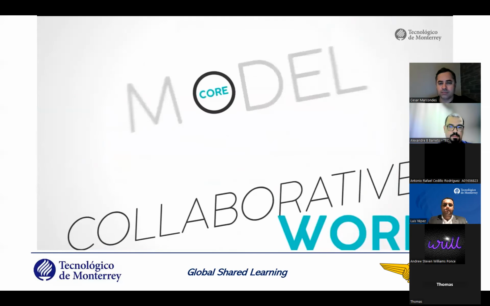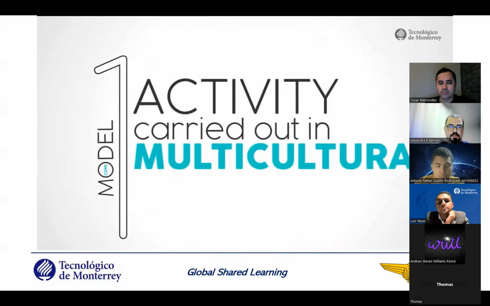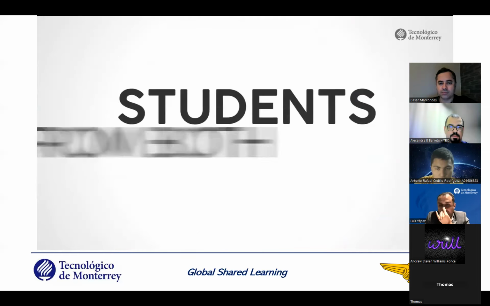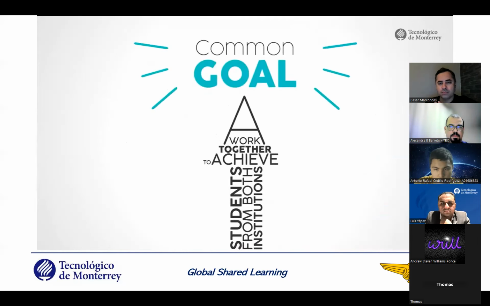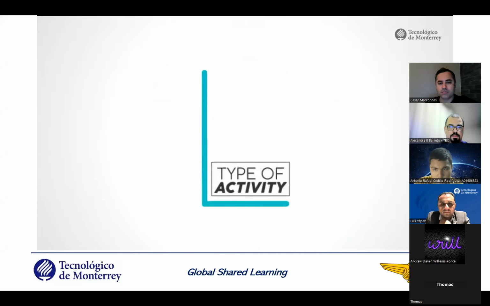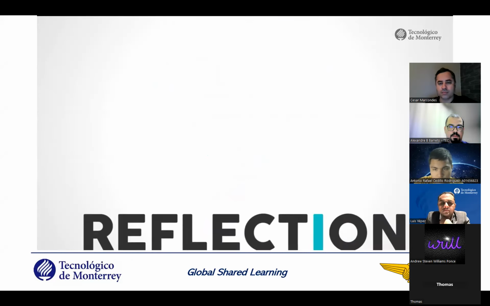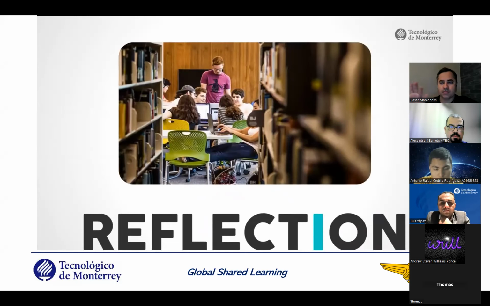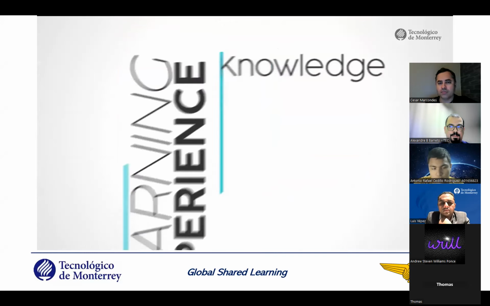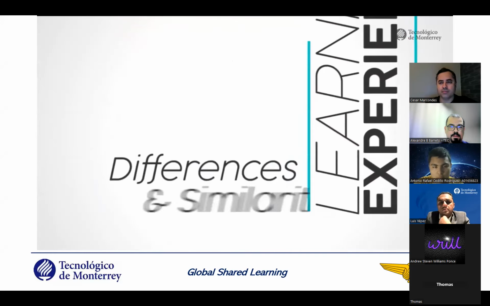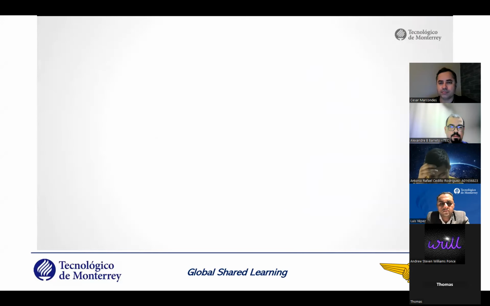Collaborative work is the core of the model, and it consists of at least 1 activity carried out in multicultural teams. Students from both institutions work together to achieve a common goal. Professors decide the type of activity and the final product that the students need to deliver. The reflection is the last element of a global classroom, where students share their learning experience from both the knowledge acquired and the differences and similarities found while collaborating with their international classmates.